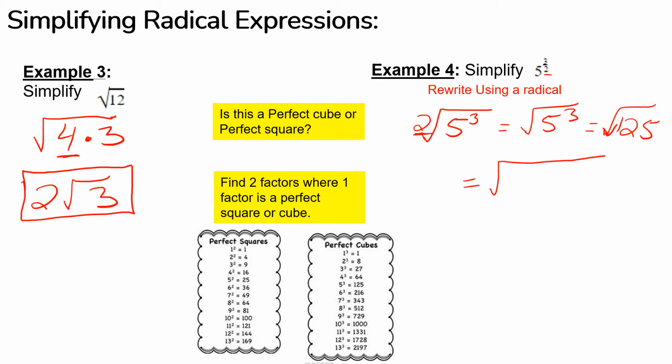Anytime you have 5 on the end, a helpful hint is to think about 25. 25 times 5 gives me 125, and 25 is a perfect square. So the square root of 25 is 5, and I leave the other factor underneath the radical. So I have simplified this rational expression and made it into a radical expression.